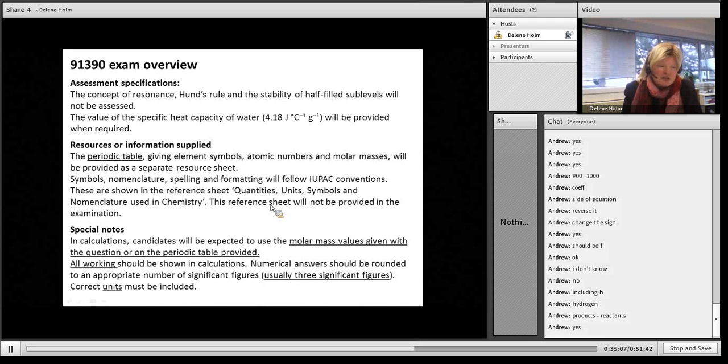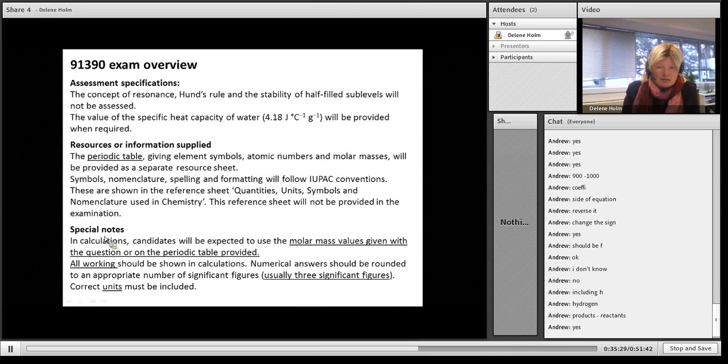But if you want to know how you're supposed to present something, the symbols, nomenclature, and so on, you can look it up. I haven't provided it to you because all the booklets follow those conventions, but if you want to look it up, that's how it would be presented in the exam. They'd follow all those rules.